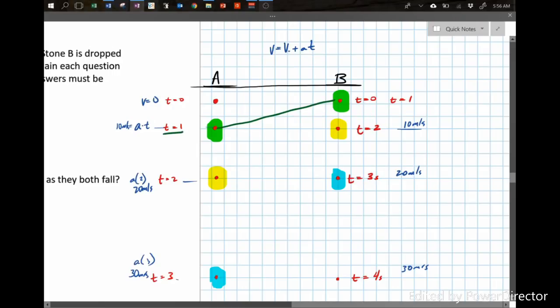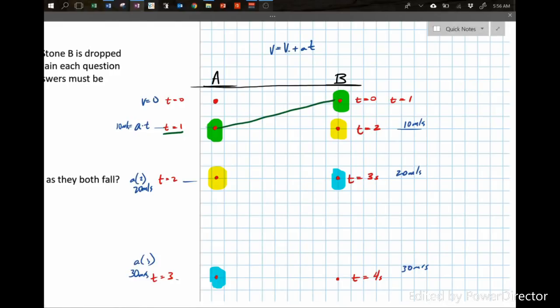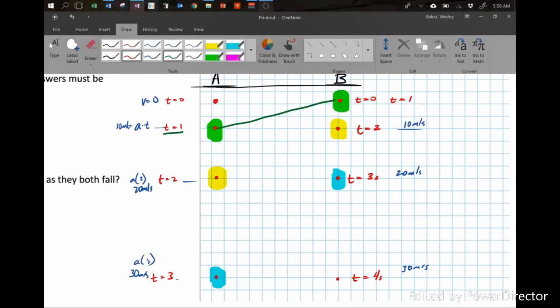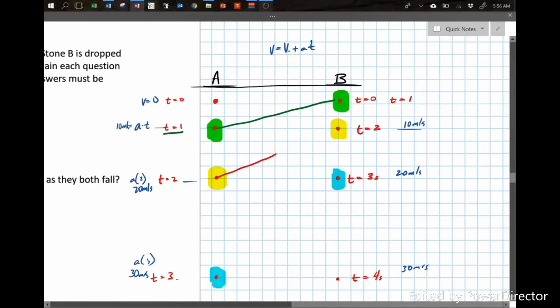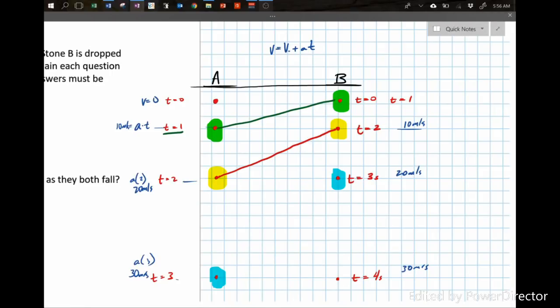At 1 second, ball A has fallen a distance shown and has a velocity of 10 meters per second. At 1 second, ball B has not fallen yet and has a velocity of 0 meters per second. At 2 seconds, ball A has fallen the distance shown and has a velocity of 20. Ball B has only fallen the first distance, has a velocity of 10.